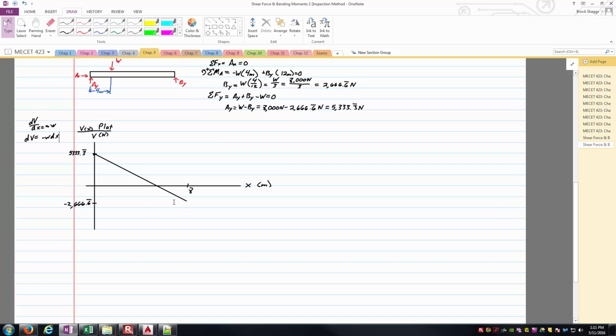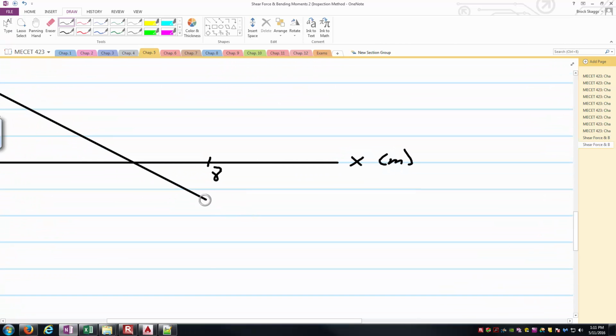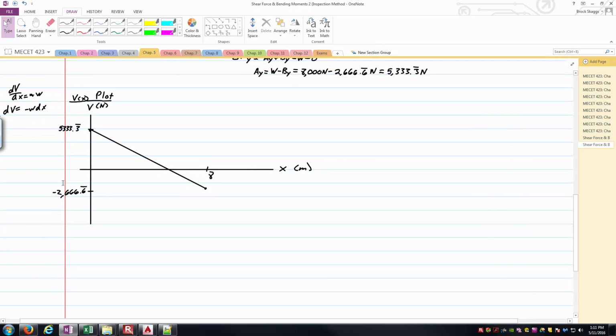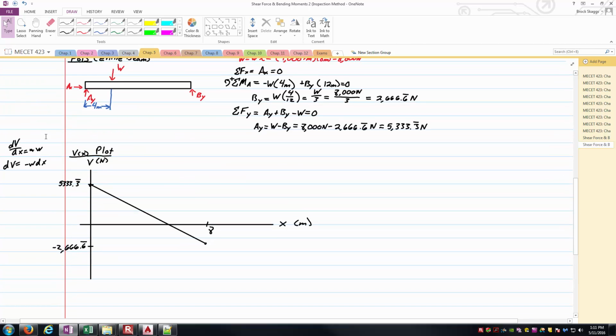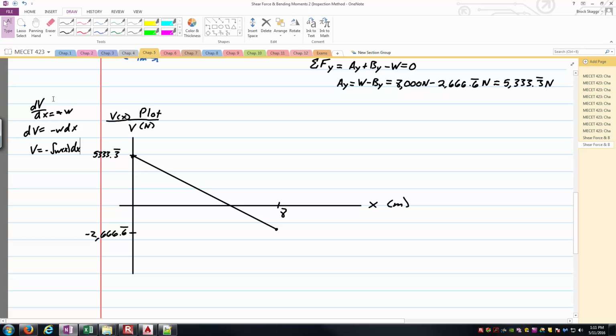As far as how did I know it's a line being drawn here, because originally I just said, hey, I've got to go from the point 0, 5,333 roughly, to 8, negative 2,666. Well, I can think of it this way. dV/dx is negative w, or I could look at it one other way as V is equal to negative the integral of w of x dx. Here starting to talk about some of the relationships that are happening between the internal shear force and the distributed load.